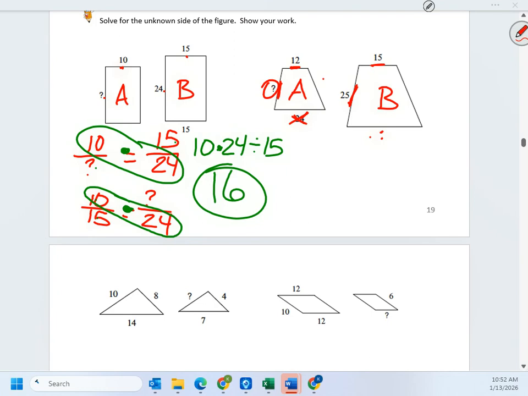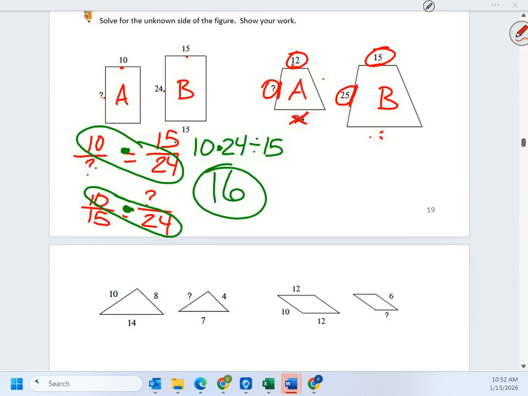So this time, there wasn't a number to match up with the 24, so I had to cross it off. So I have to use the 12 and the 15. Okay. Sometimes you'll have choices, sometimes you won't. This one, we didn't have a choice. We have to use the question mark in the 25. We have to use the 12 and the 15, because you have to have two sides.